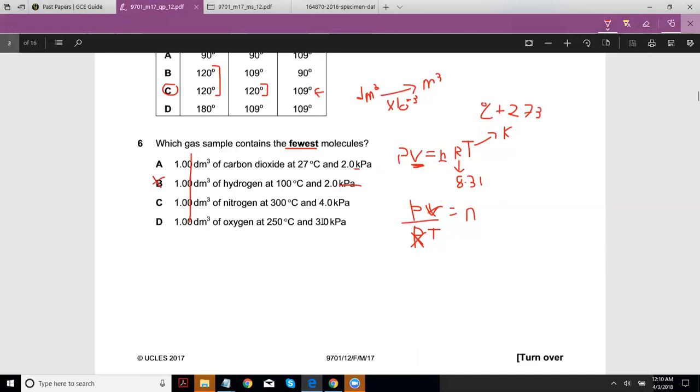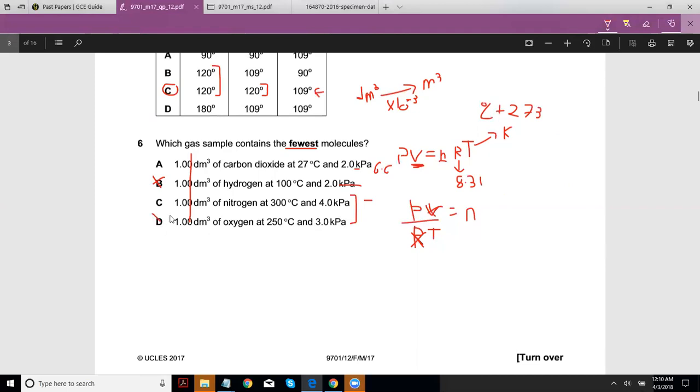So this one comes to about 6 point something. So you have 4,000 divided by 300 plus 273, which is like 6.9, which is more, unless I made a calculation error, which is very possible. 250 plus 273, and this is 5 point something.